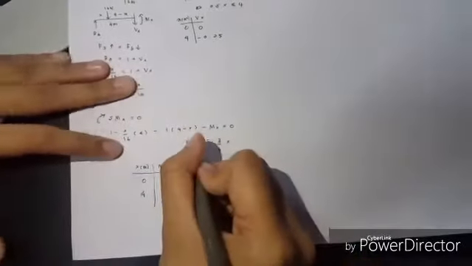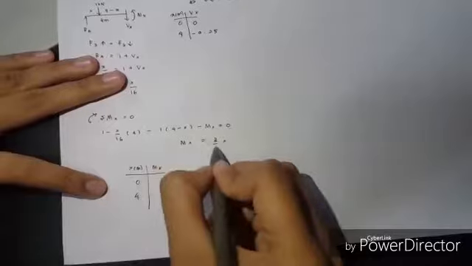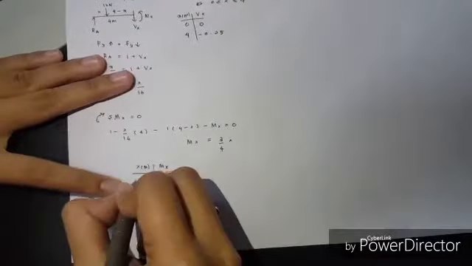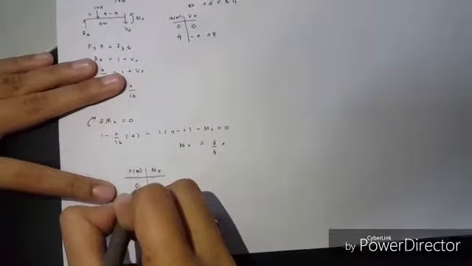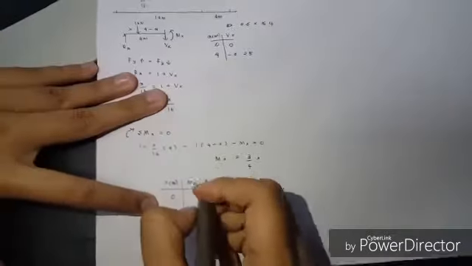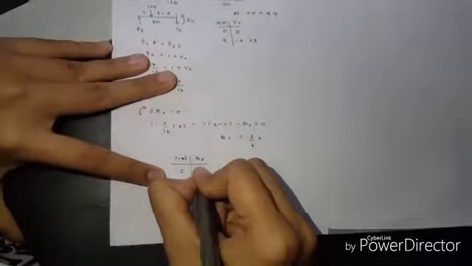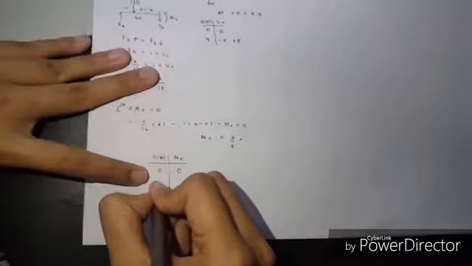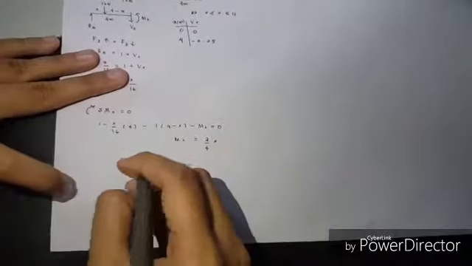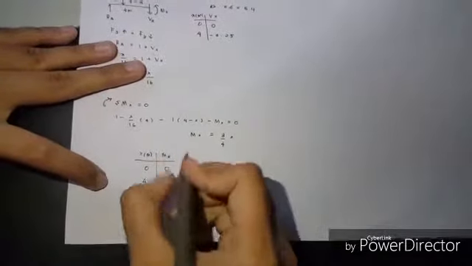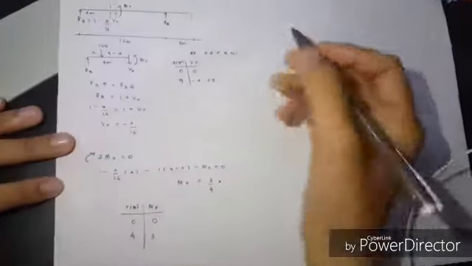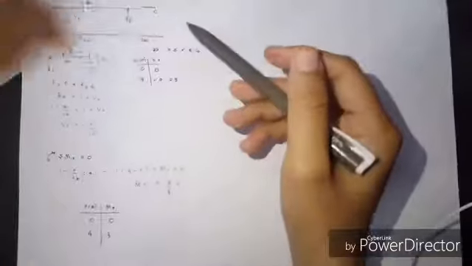Using this equation Mx equals 3 over 4 x, when x equals 0, Mx is 0. When x equals 4 meter, Mx is 3.